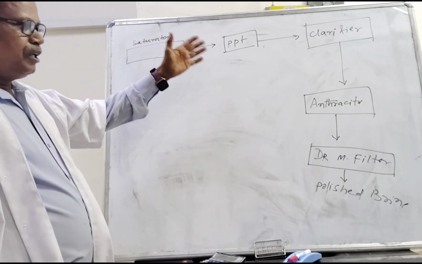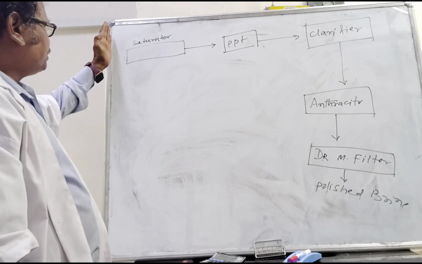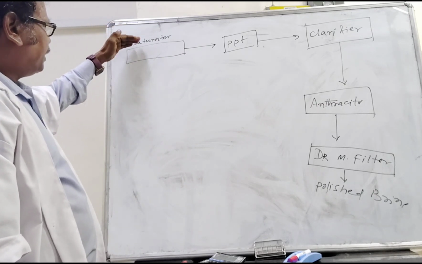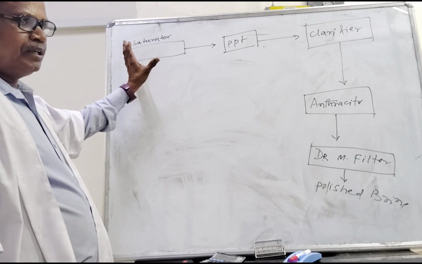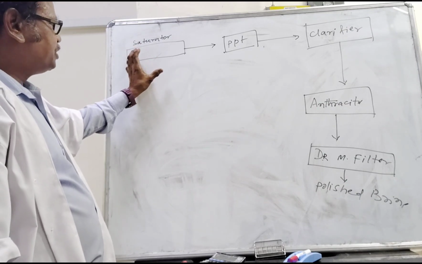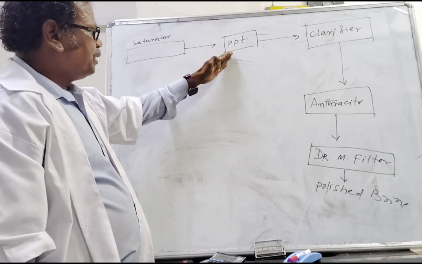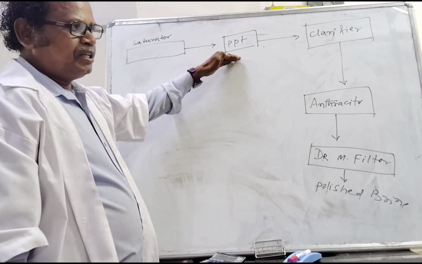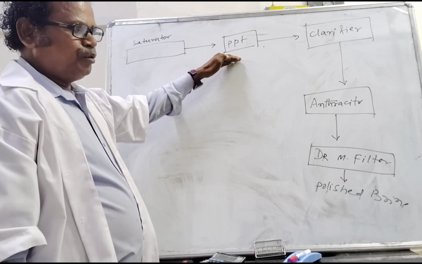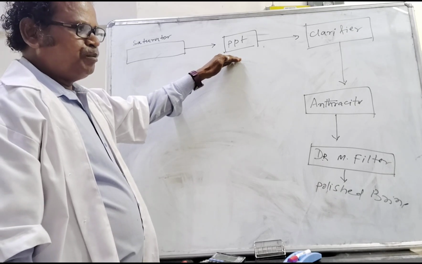So overall, the salt is fed here, making 310 GPL NaCl, and it comes to the PPD tank. Here chemical reagents are added to remove magnesium, calcium and sulfate.